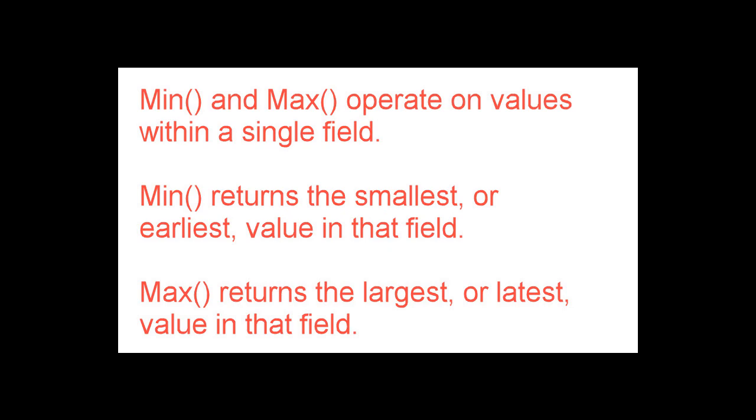So now we know why most experienced Access developers prefer min and max functions to the first and last functions when trying to find the earliest or the smallest or the latest or the largest value in a field, because min and max operate against only the values in the specified field and don't need to refer to any particular sort order on the record set itself as a whole to get the right answer.